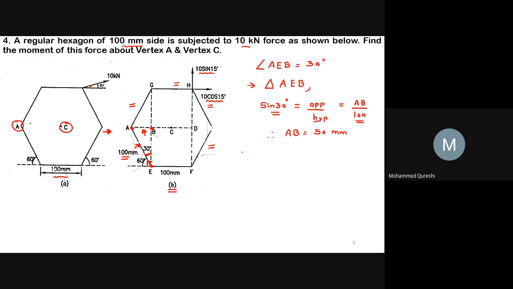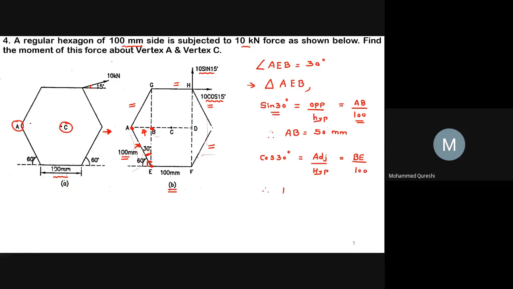Now we will go for cos component, that is cos 30 degree equals, we know that cos 30 is nothing but adjacent upon hypotenuse. So for cos 30, adjacent side is nothing but BE upon hypotenuse is 100.